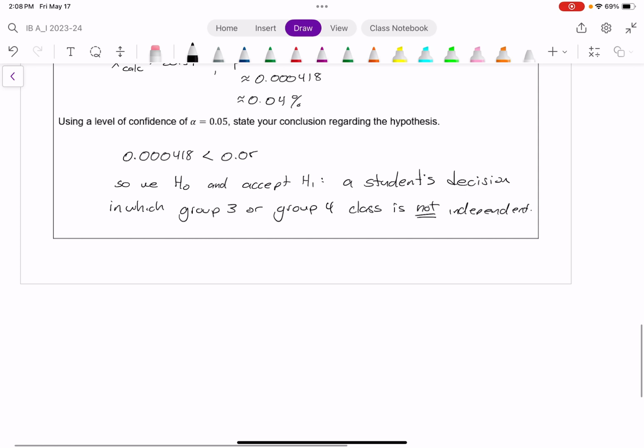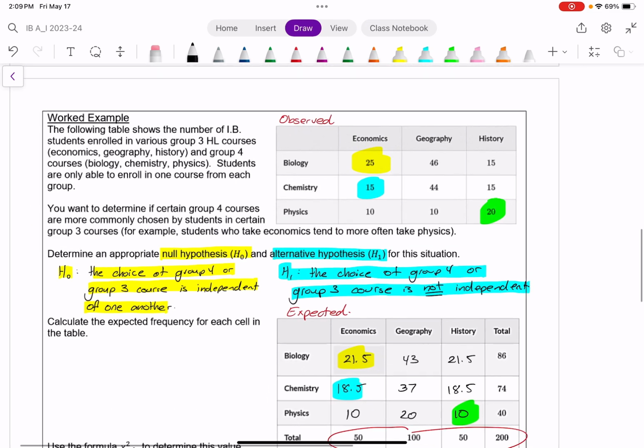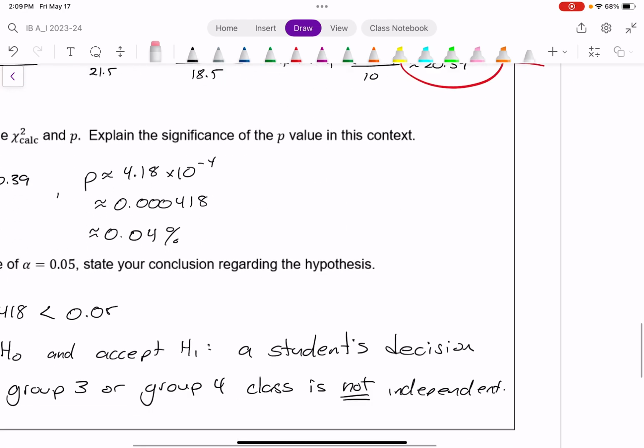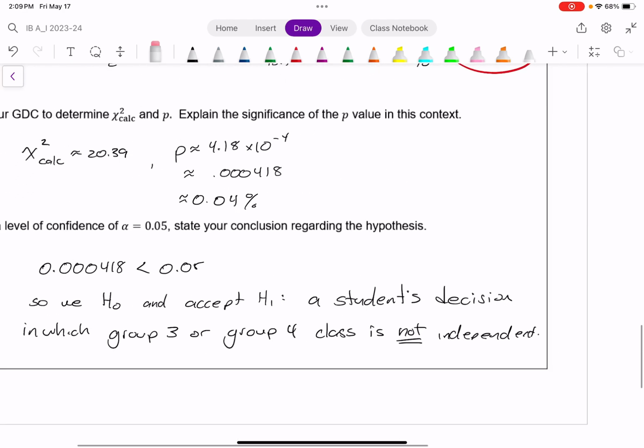So we are saying we have statistical evidence that the choice that students choose kind of depends on what their other group choice was. So we have statistical evidence that, for example, students who take geography take at least one of these more or less likely than another. And we have evidence for that. And again, our evidence shows that this probability tells us right here that it seems extremely unlikely that we would see values like this just by chance. Extremely unlikely. But that said, we'll continue this idea in the next lesson.